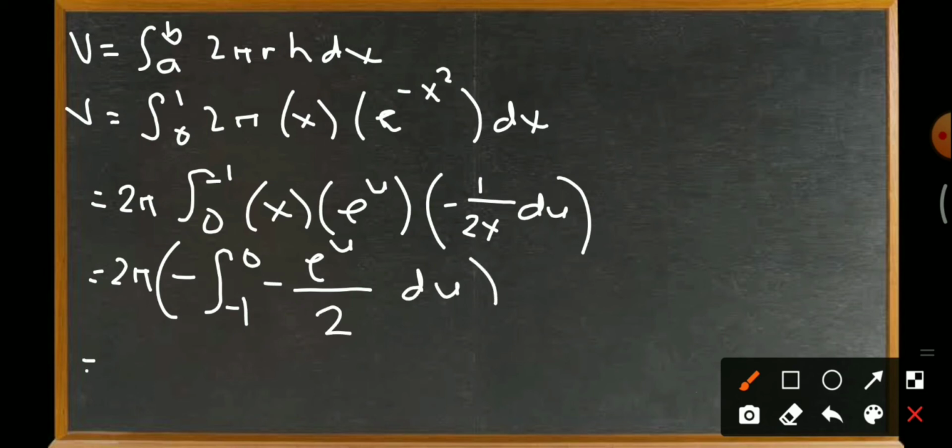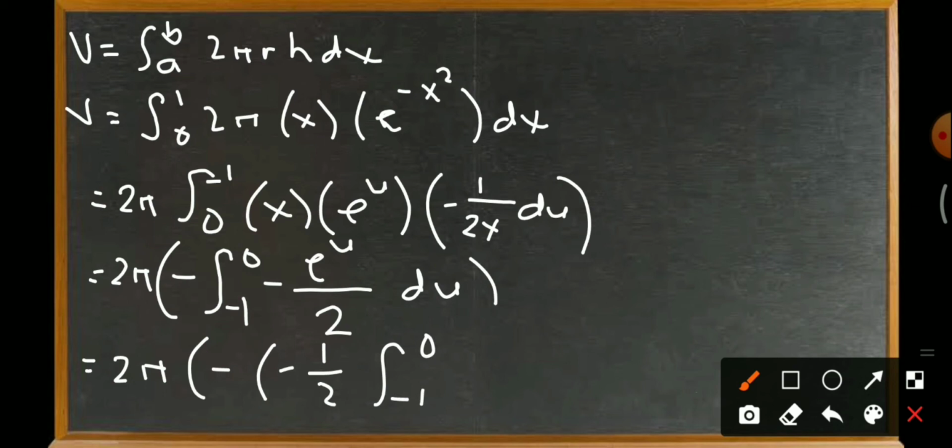Take the constant out again. Negative times negative 1/2 times the integral from negative 1 to 0, e to the power of u du.